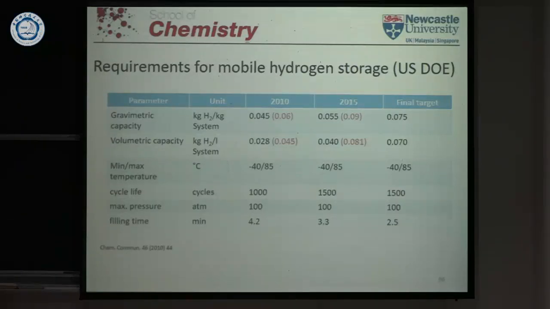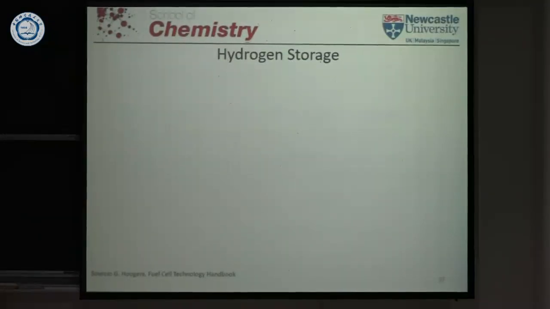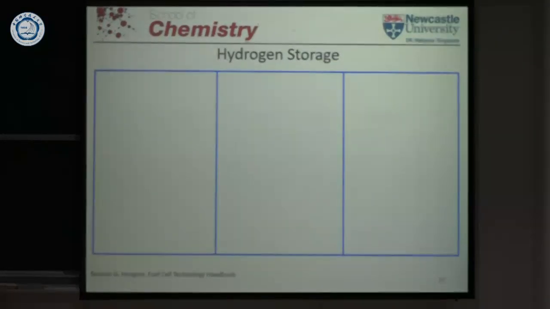Let's look actually at the different sort of techniques that you can have. So that, as I said, leads us to hydrogen storage, and the first technique would be pressurized gas.